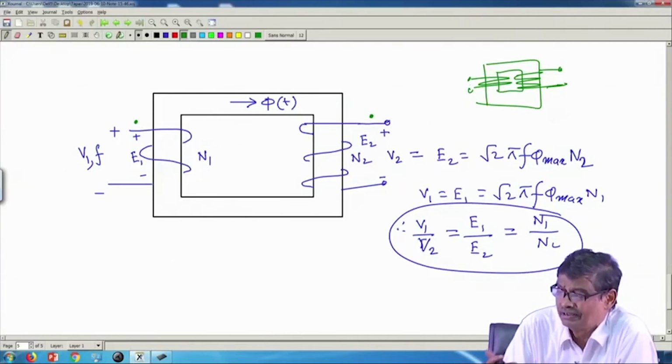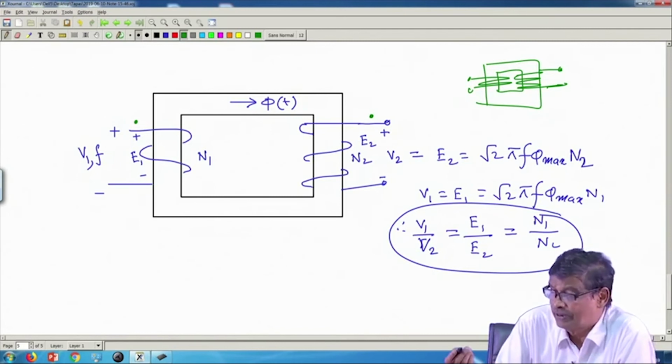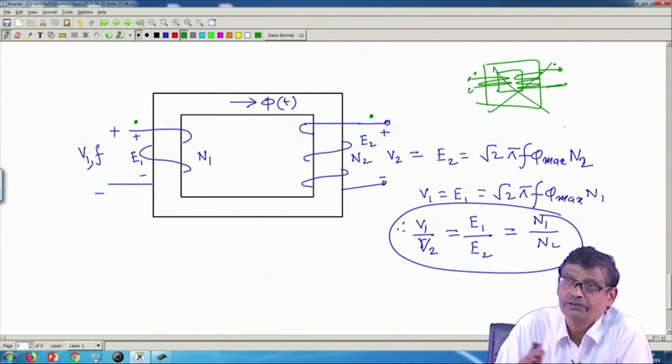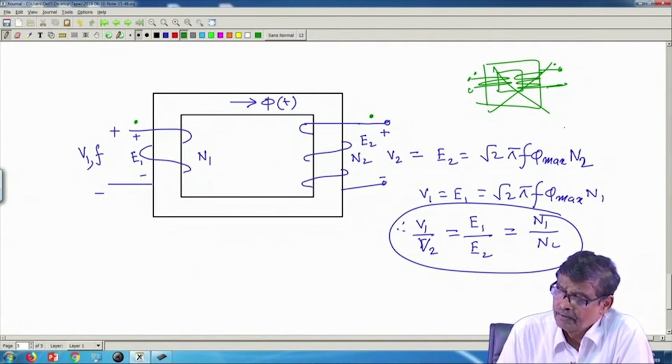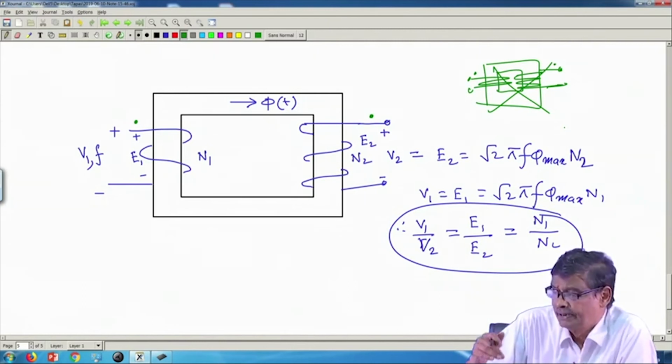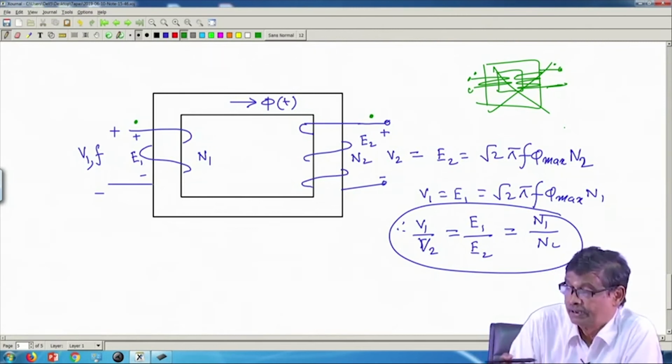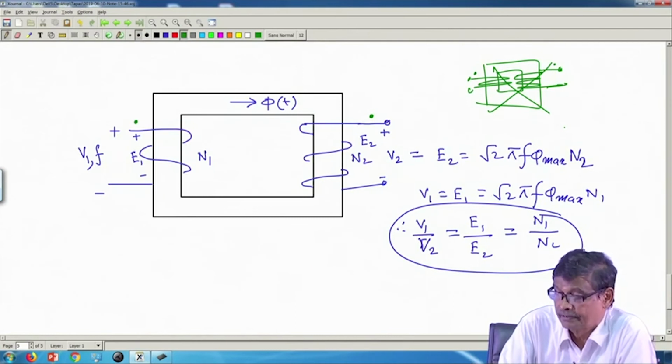Somebody draws like this. Then of course, you cannot point out which one is the dot on this side. Out of question. You cannot do that. Perhaps by doing some experiments you will be able to, but as such on pen and paper you cannot predict that this is plus, this will be plus.